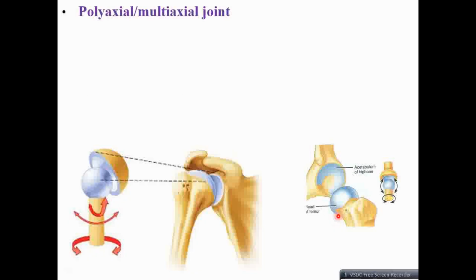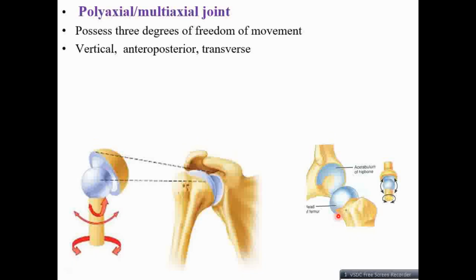Next is the polyaxial or multi-axial joint. As the name indicates, multiple movements are possible. It has 3 degrees of freedom of movement: vertical axis, anteroposterior axis and transverse axis. It is more or less referred to as the ball and socket variety or spheroidal joint.